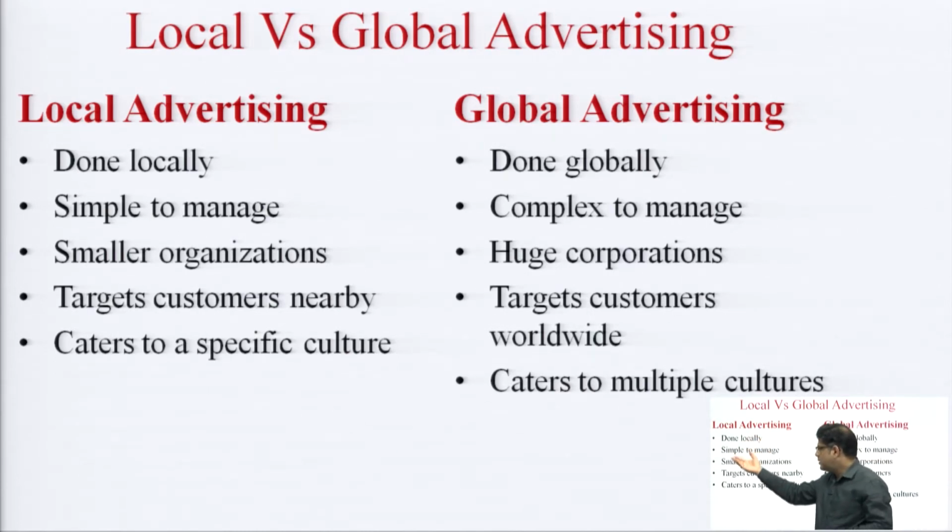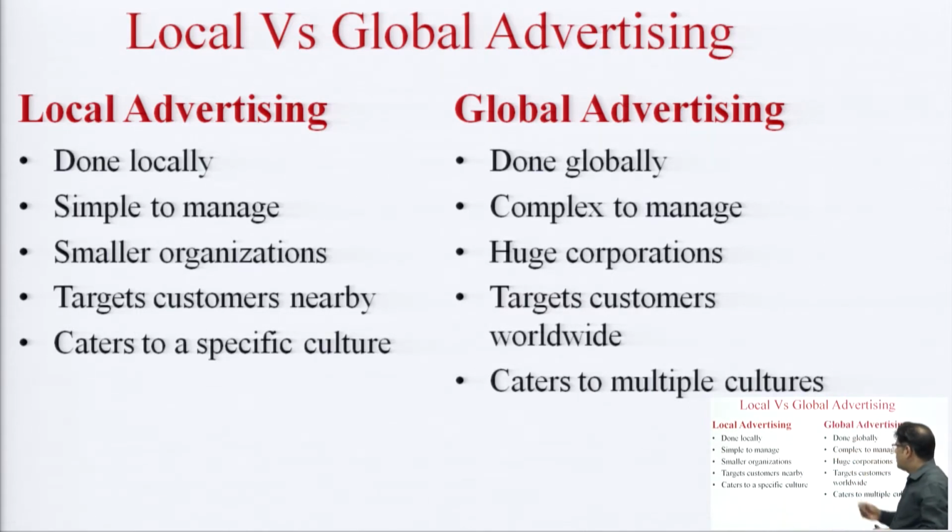Local advertising is simple to manage, and it is easy to understand why, because the advertiser, the marketer or the organization that is doing advertising has to manage a very small area, wherein the people also are not much different from each other. So, there is a lot of homogeneity in the audience. While in case of global advertising, it is complex to manage.